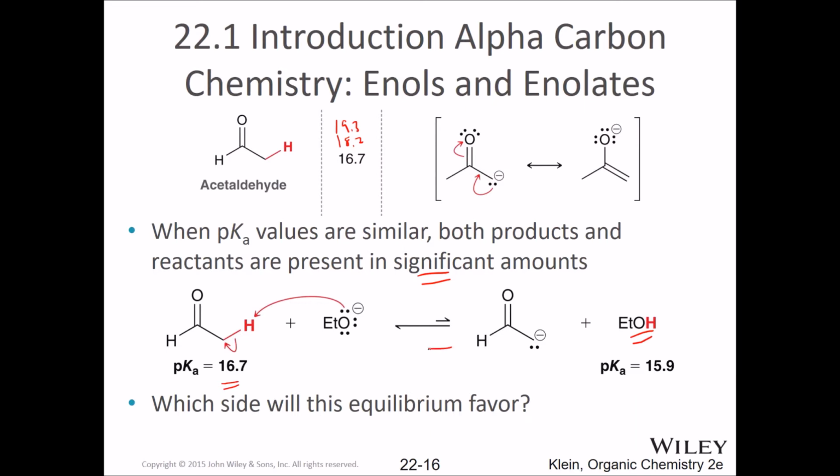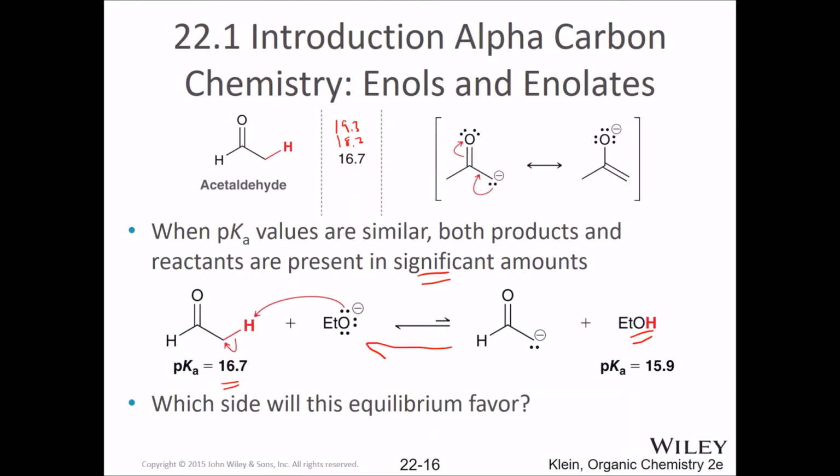That means it's mostly going to go that way, because the stronger the acid, the more it gets to act like an acid. There are many ways we could state that. We could look at the K of this reaction, the equilibrium constant, or the pKa. Now, which side does the equilibrium favor? You can see by the arrow there.